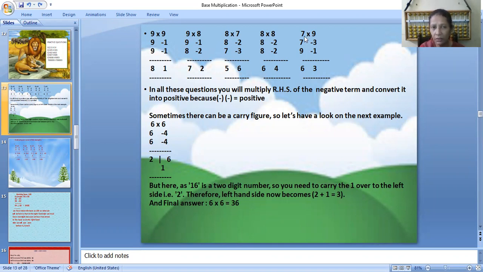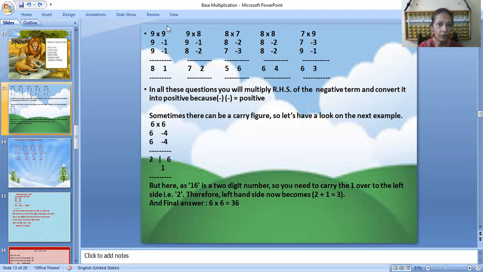You look at all these numbers, they are below 10. And what is the base here? The base here is 10. So these numbers are less than 10. So we will say that this is the base method of multiplication when all the numbers are below the base.